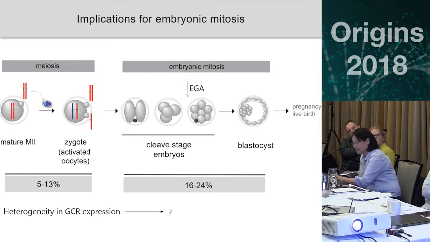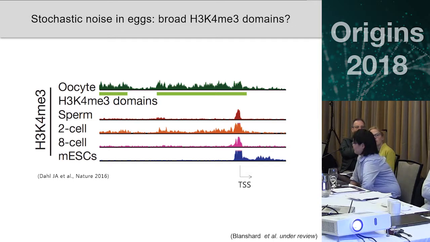Okay, so where would the noise come from, and might this also impact what happens in the human embryo? I think there's now data coming up from 3 different labs showing that mammalian oocytes are very, very special. In the oocyte during the growth phase and into M2, they set up these really broad domains of H3K4 trimethylation. This methylation mark is important and required for transcription, and it's set up all over the genome.